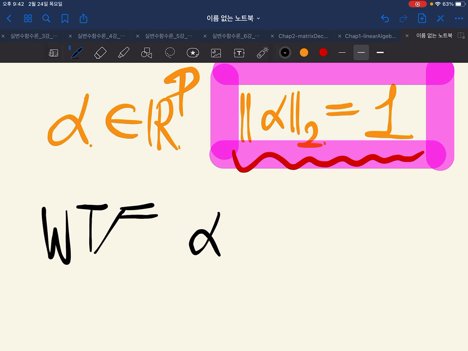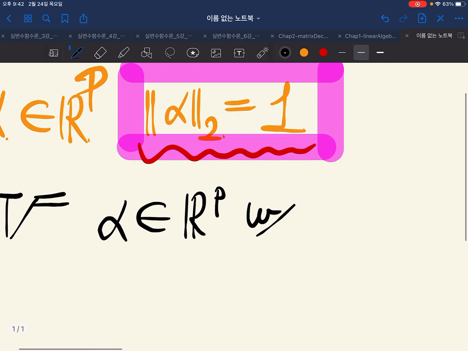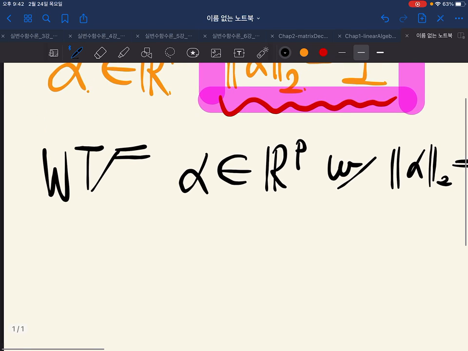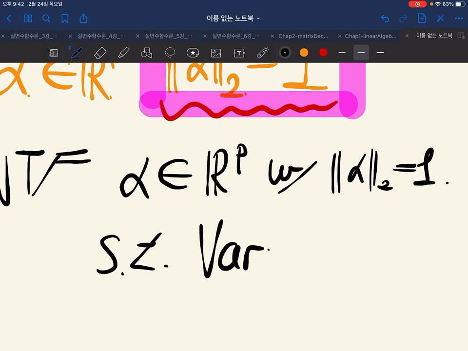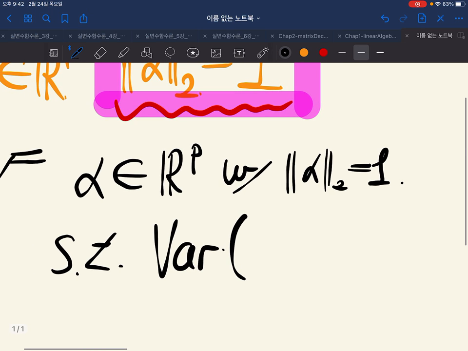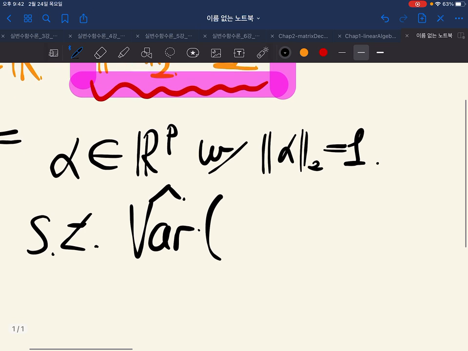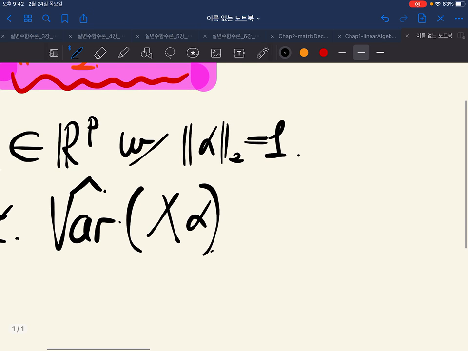We want to find a direction vector with constraint on its norm of size 1 such that the variance of, and since we did not know the true variance, let's say the estimated variance, the sample variance of X alpha, is to be maximized.